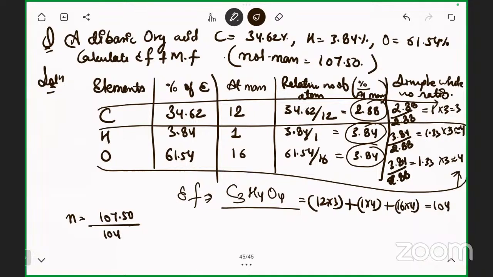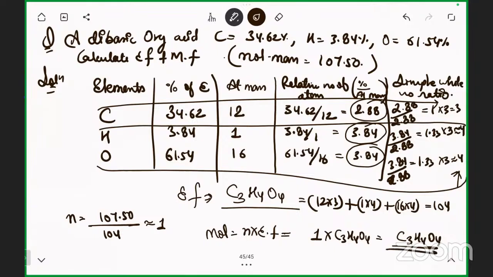The mass is given in the question, and the empirical formula mass we have calculated, so it will be around 1. The molecular formula is n into the empirical formula. The value of n is 1 and the empirical formula is C3H4O4, so the molecular formula will be C3H4O4.